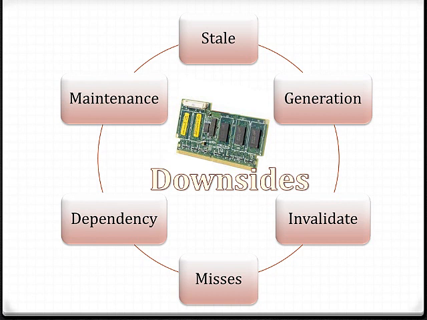If you want to invalidate cache, so here we were talking about time to live, and with the notion that we accept staleness to some degree, but you may want to invalidate cache and then you need to have code. And if I'm not mistaken, for developers, cache invalidation is a very complex thing, not a very friendly thing to go through. You have cache misses and then you have to go to the actual table. You can have dependency, and I'll explain it in the next slide, and obviously maintenance.